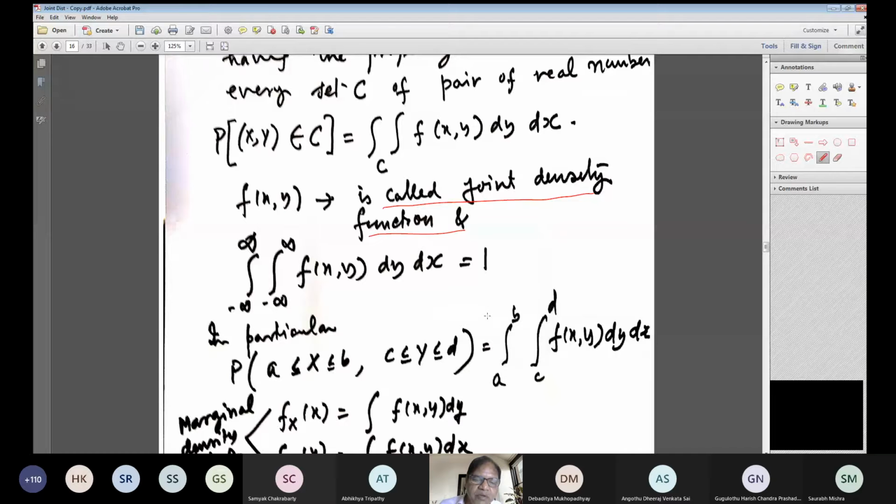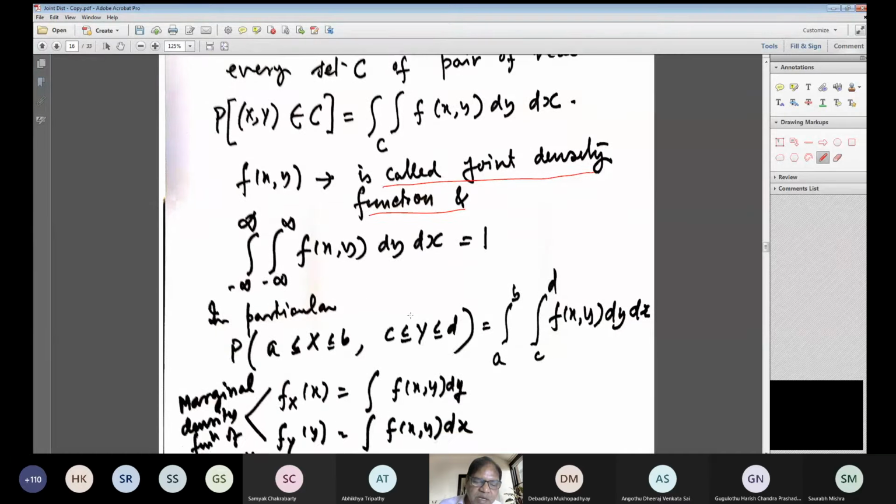As I told you, C basically represents two intervals: x lies between a and b, and y lies between c and d.